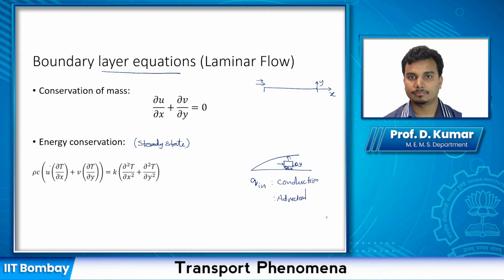And similarly, this term is part of what we defined as the substantial derivative, and this is without the time term. So you can roughly relate it to the Navier-Stokes equation. I'm not going into the derivation for the sake of time, and we have done a similar exercise before, so there's no point in repeating it. You can do it to convince yourself that you are able to derive this equation.